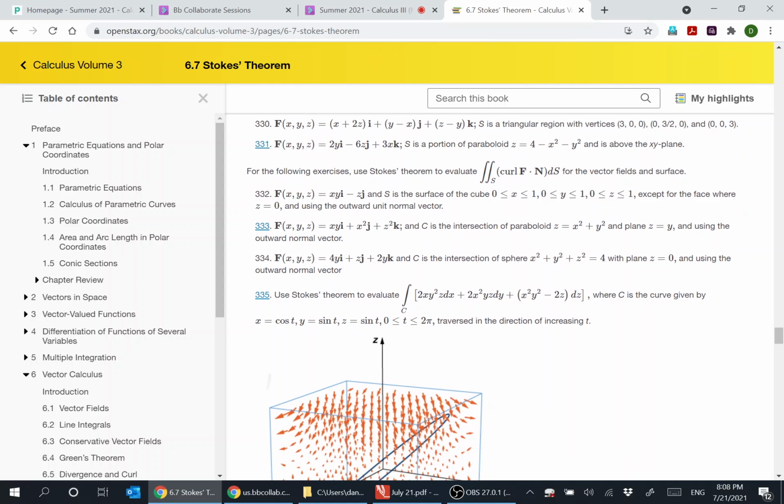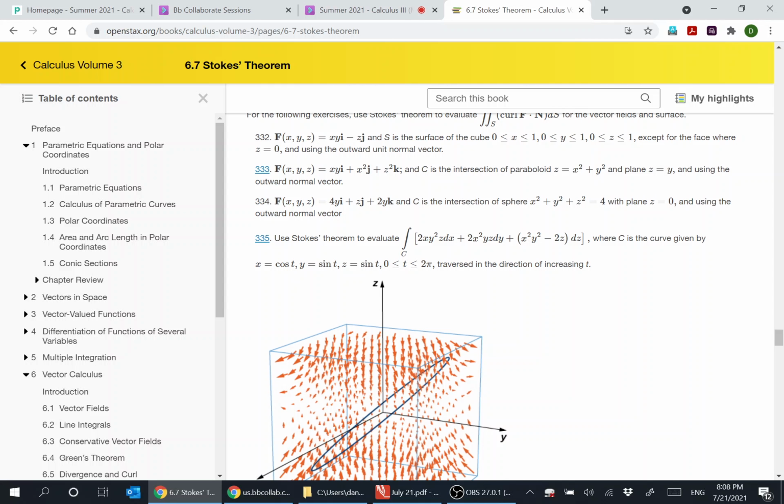That's a nice problem, but the vector field is conservative.